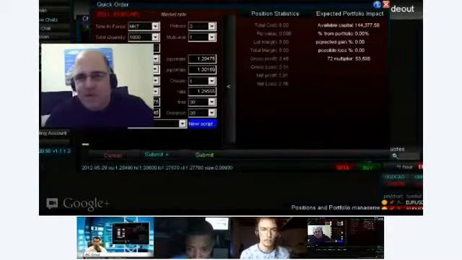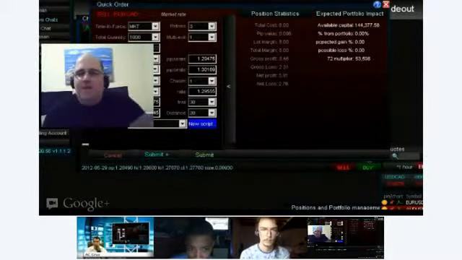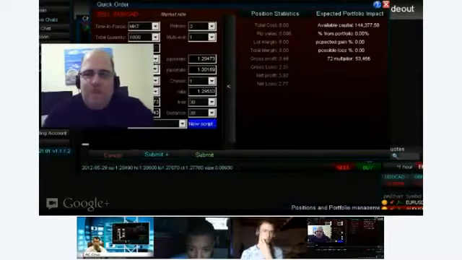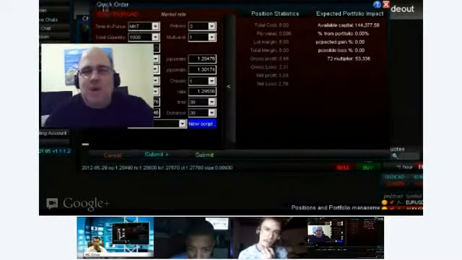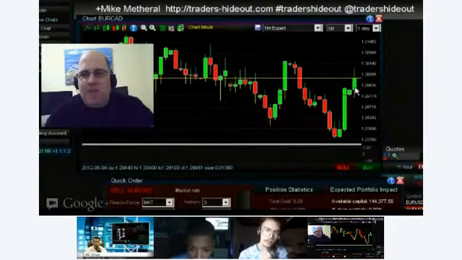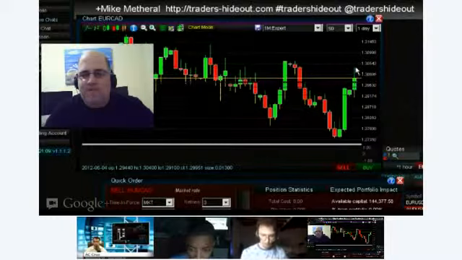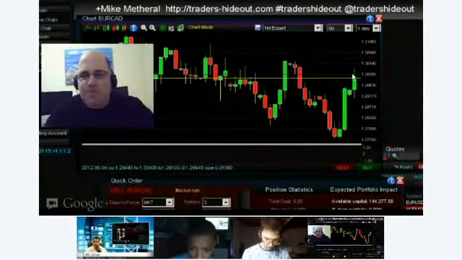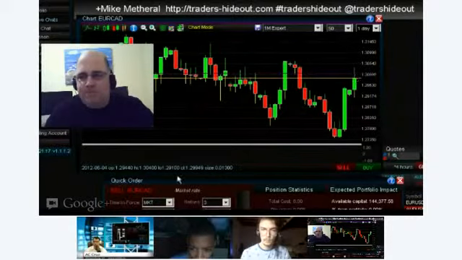Let's say 5 pips. So on a 2-to-1, it'd be 20 pips on a stop loss minus the 5 pips, which means I have 15 pips to go up before it triggers the actual stop loss, which is around this area right here.